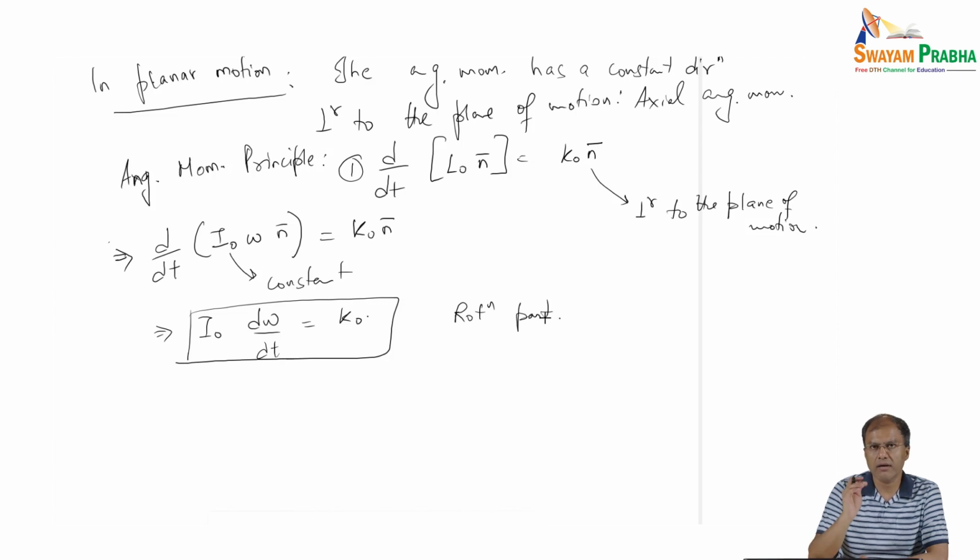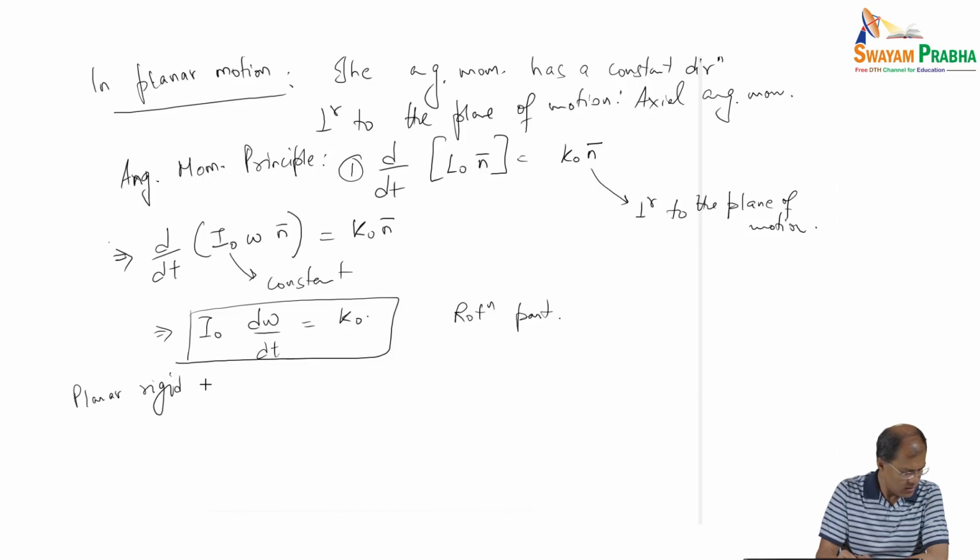Further, we know that the center of mass of the rigid body may also move. So we will have separate equations governing the center of mass, namely the planar rigid body equations.